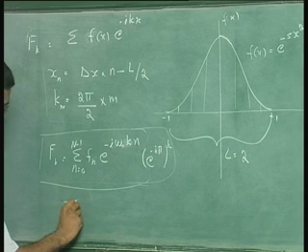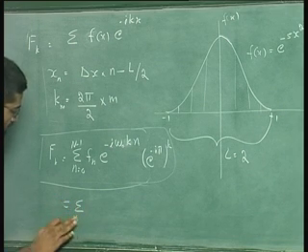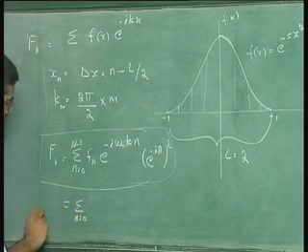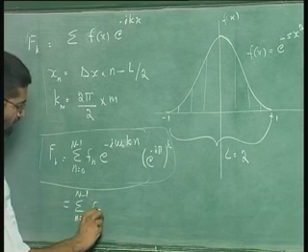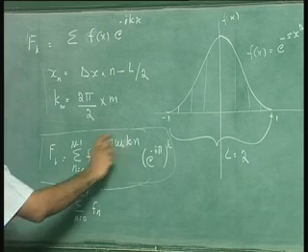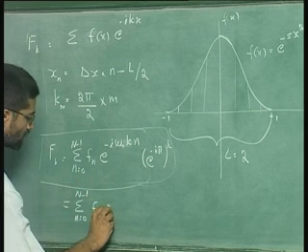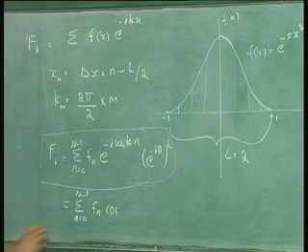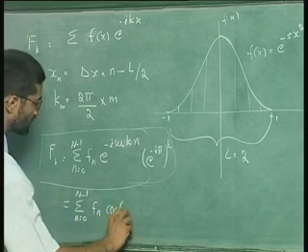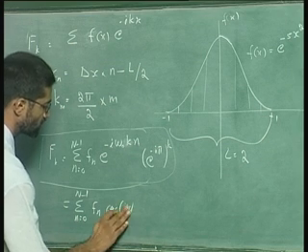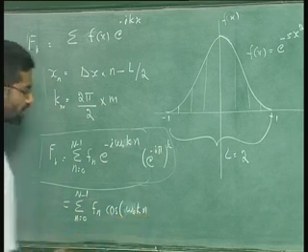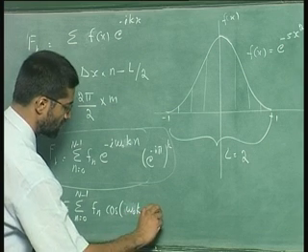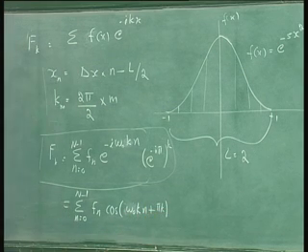I would write this as the sum over n equal to 0 to n minus 1 of f n, written as cos and sine. The first term is cos of omega naught k n plus pi k.